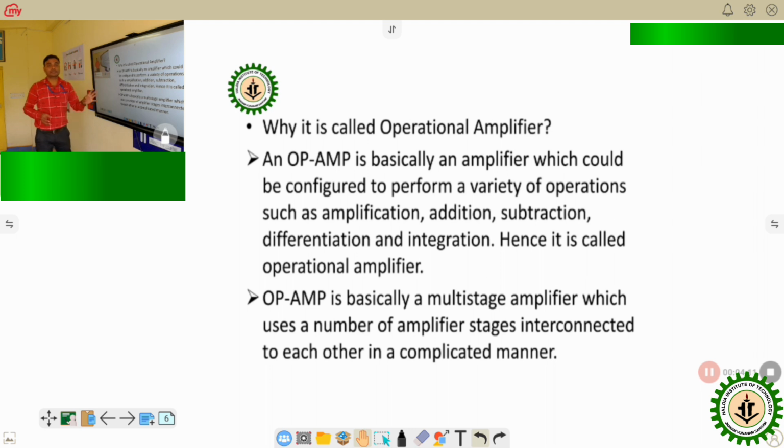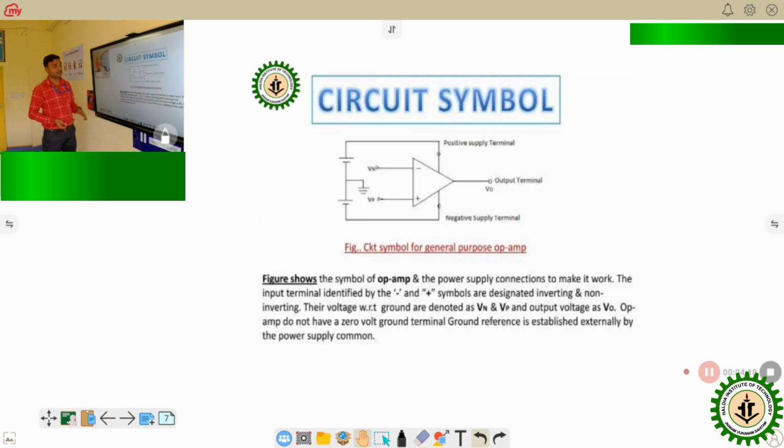As a result, we give our input and get the output, and in between there is a multi-stage amplifier circuit.